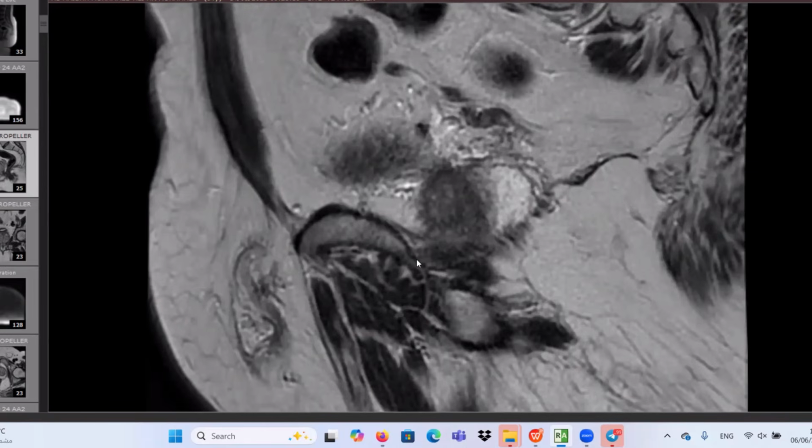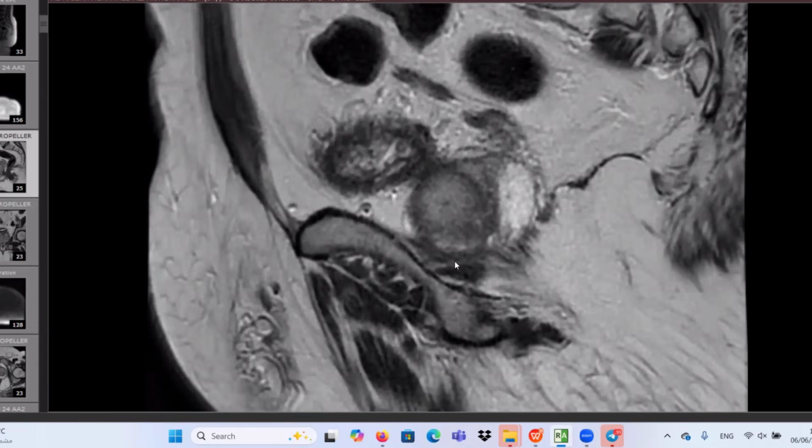And we have this structure, which is the vas deferens. This is the course of the vas deferens, and this is the course of the ureter. So this is the course of the ureter, and this is the course of the vas deferens.